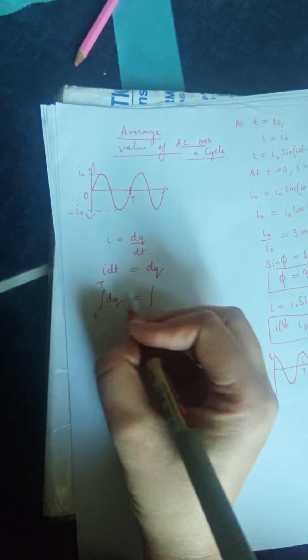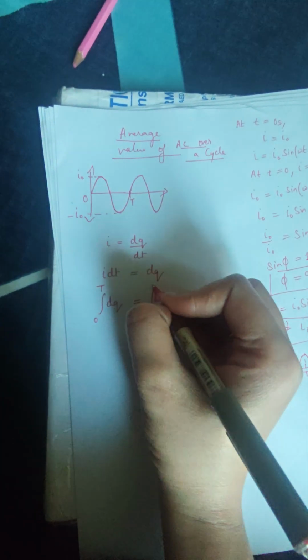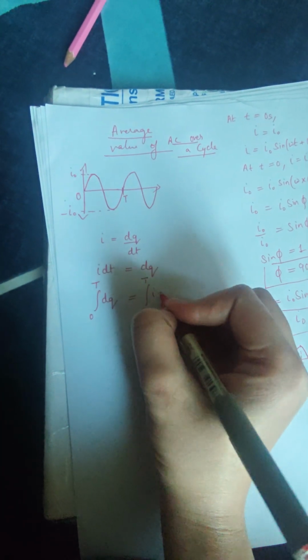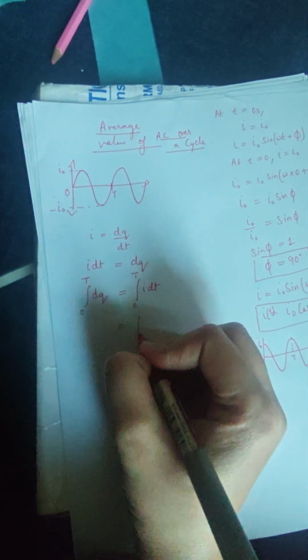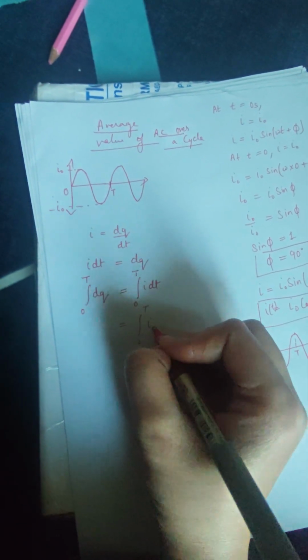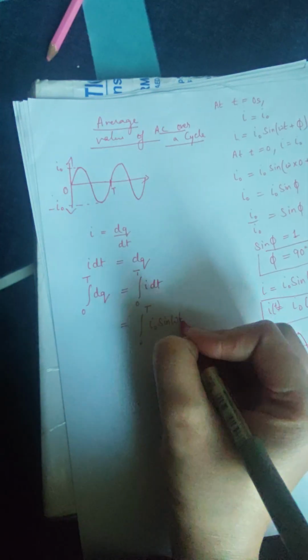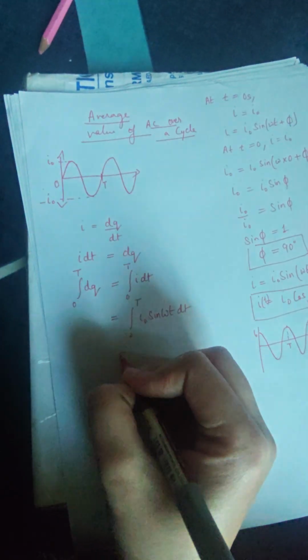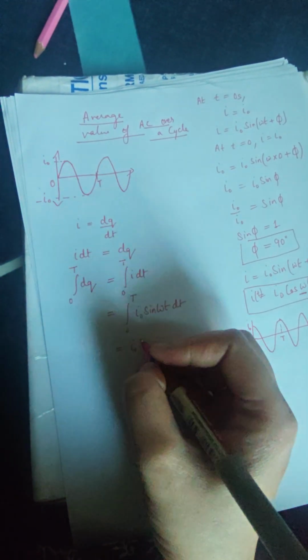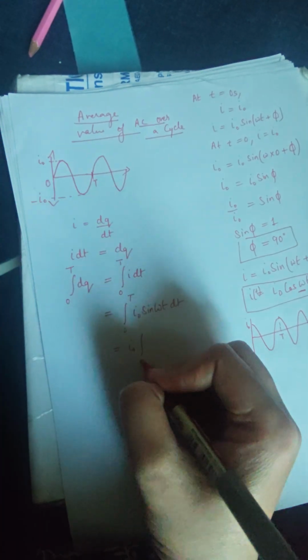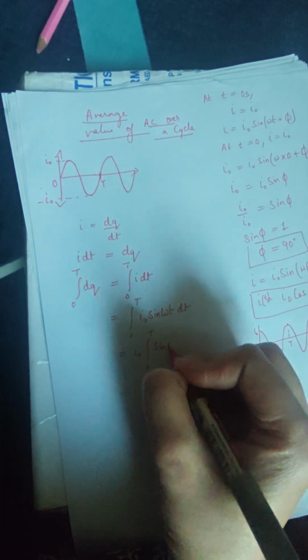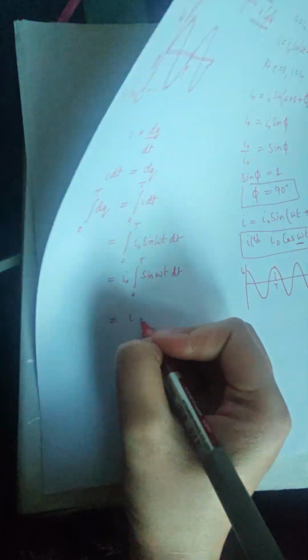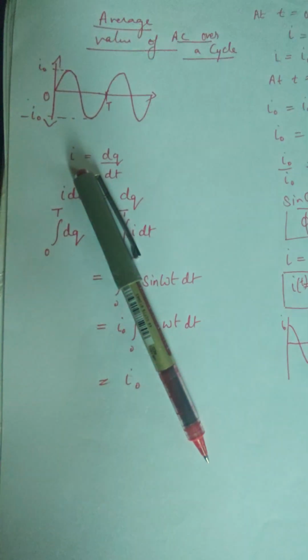So from 0 to t, I'm just going to integrate the charge passing through the circuit, I dt, and we'll see what we get. Let's put the values of I here. It's I naught sine omega t dt. Now I naught is outside because it's a constant, it's the maximum value. Sine omega t will stay inside, and then we integrate it.